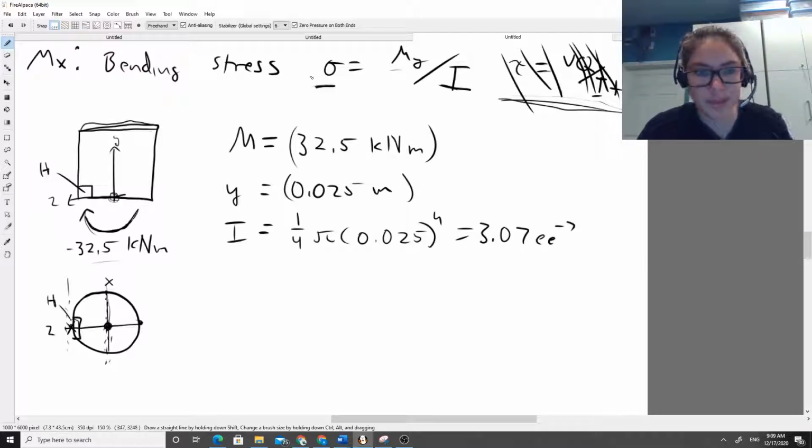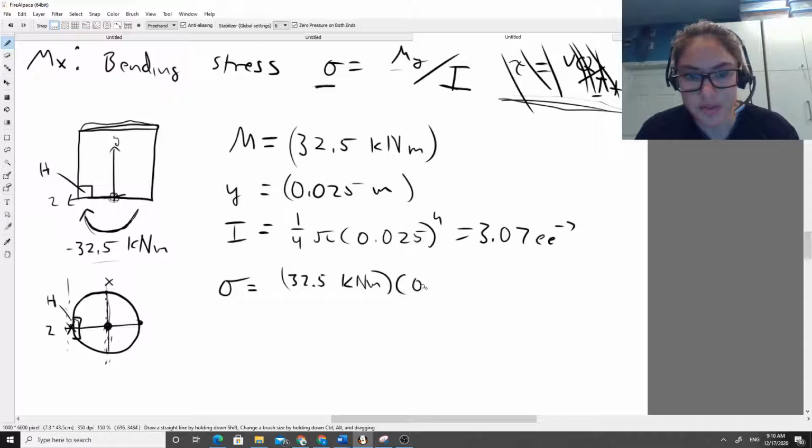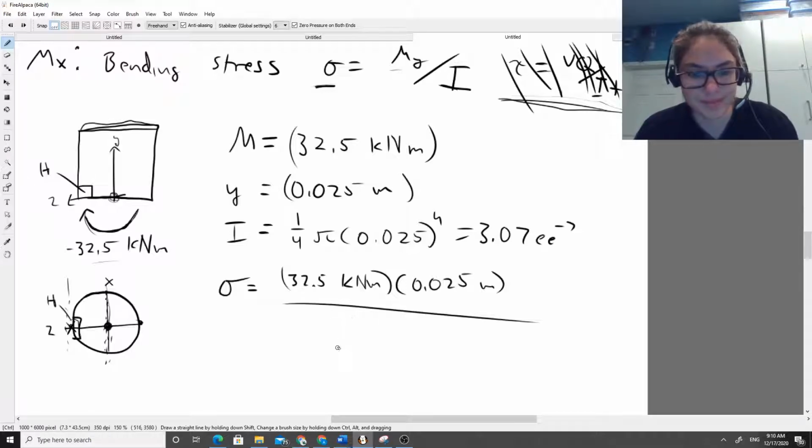So let's plug each of these numbers into our original equation. We're going to have stress is equal to 32.5 kilonewton meters multiplied by 0.025 meters, divided by 3.07 e to the negative 7. I'll plug that into my calculator.